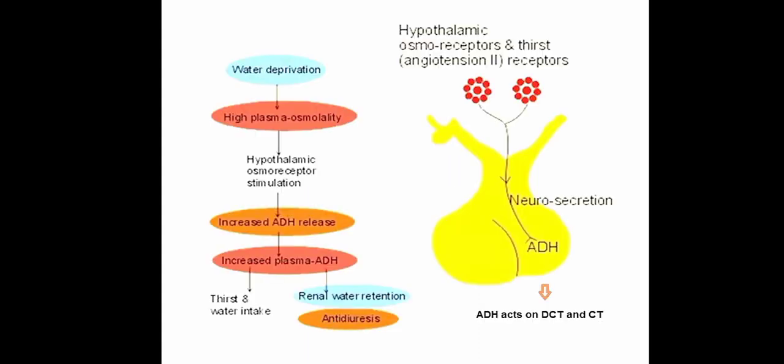So whenever the osmo concentration of the body fluid falls, this will be expressed in a diagrammatic or flowchart view. The consequences are that whenever the concentration of body fluid falls, how will it fall?